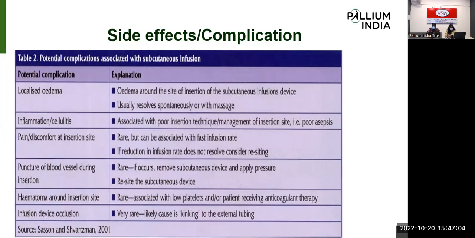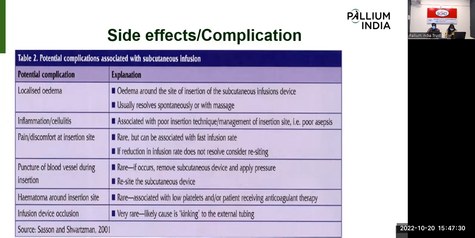Such situations will puncture the small capillaries and may cause puncturing of the blood vessel. If we see this during examination or assessment, we need to change the site. We can't continue the site for giving injection; resite the subcutaneous device.